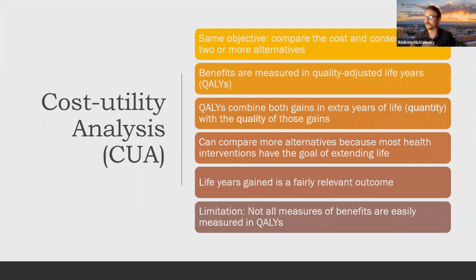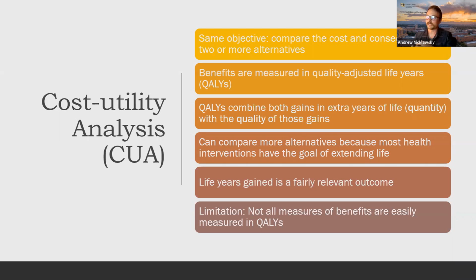Often it's used almost interchangeably though. The benefits in this case are specifically measured in quality adjusted life years, or QALYs. A QALY combines both the gains in extra years of life, which is quantity, with the quality of those gains. And I'll talk a little more about it in a second.